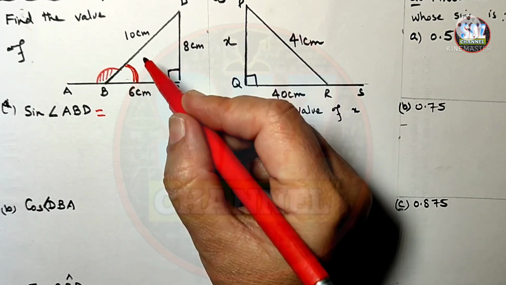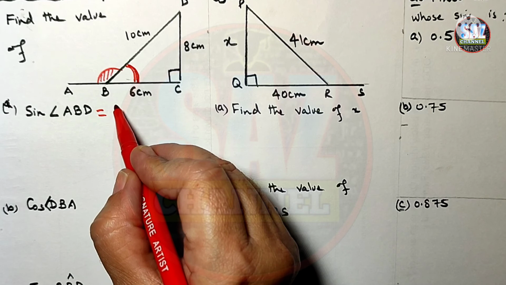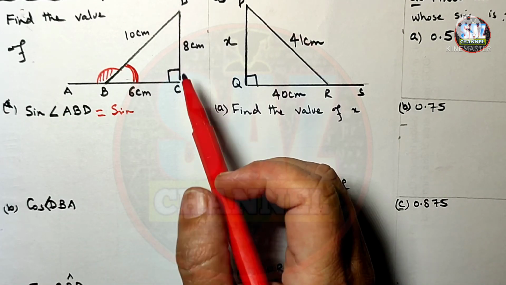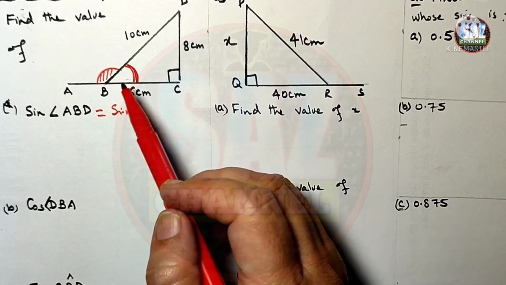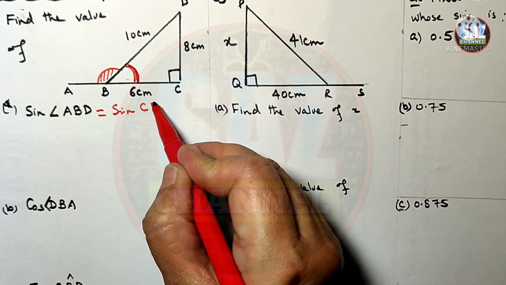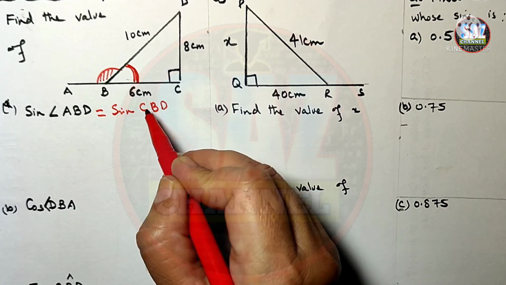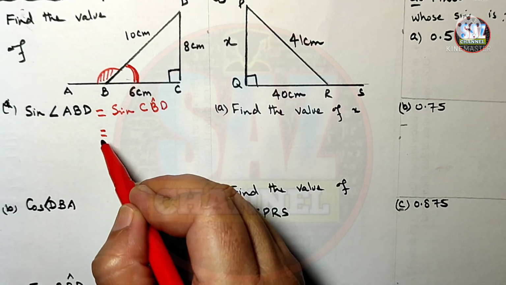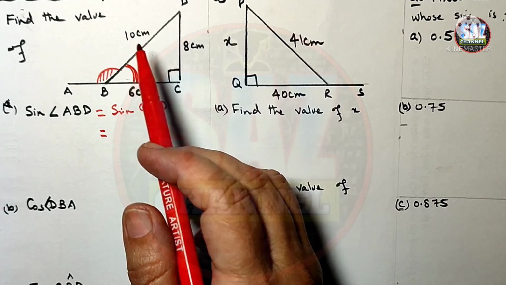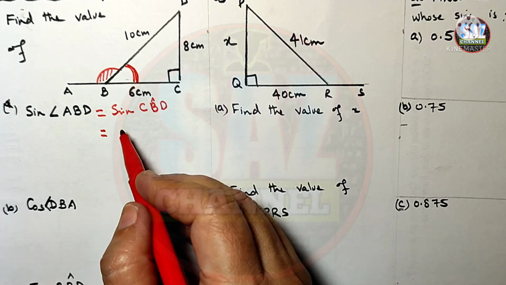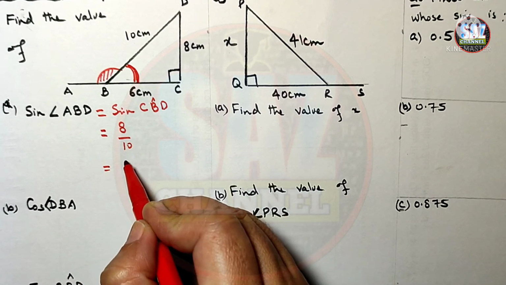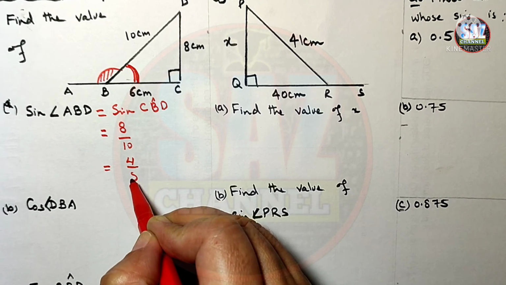Sine ABD will be equal to sine CBD. And we know that the trigonometric ratio sine requires opposite upon hypotenuse. Opposite upon hypotenuse is 8 by 10, or we can take it as 4 by 5.